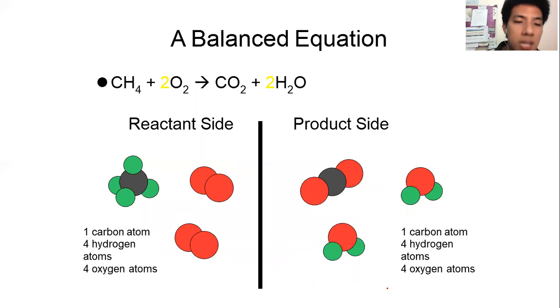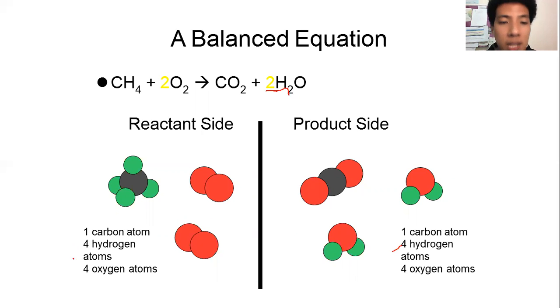In this case, it always comes to the point that it becomes divisible. If we add two more for the hydrogen in the product side, we will have 2H2O. That means 2 times 2, you will have 4 hydrogen atoms, and on the other side you have now 4. So it's balanced for the carbon and for the hydrogen.